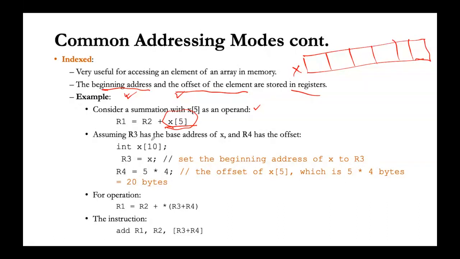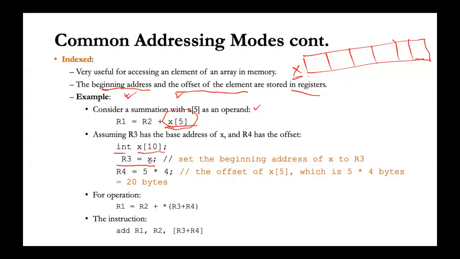Assume that R3 has the base address of x, the starting address, and another register R4 stores the offset of an element. Consider that this array is an integer type, meaning it holds only integer values. The size of the array is, suppose, 10 elements. Then in this array, the first base address, the beginning address of your array x, is set to the R1 register.